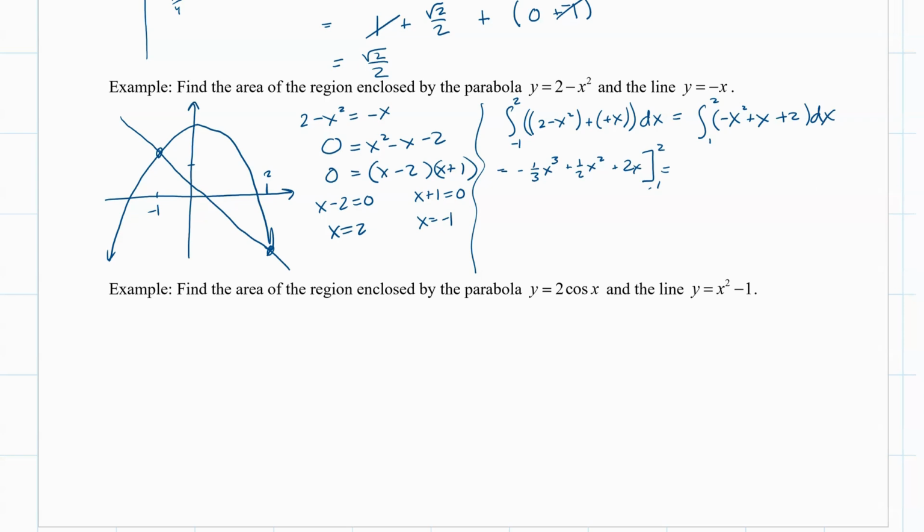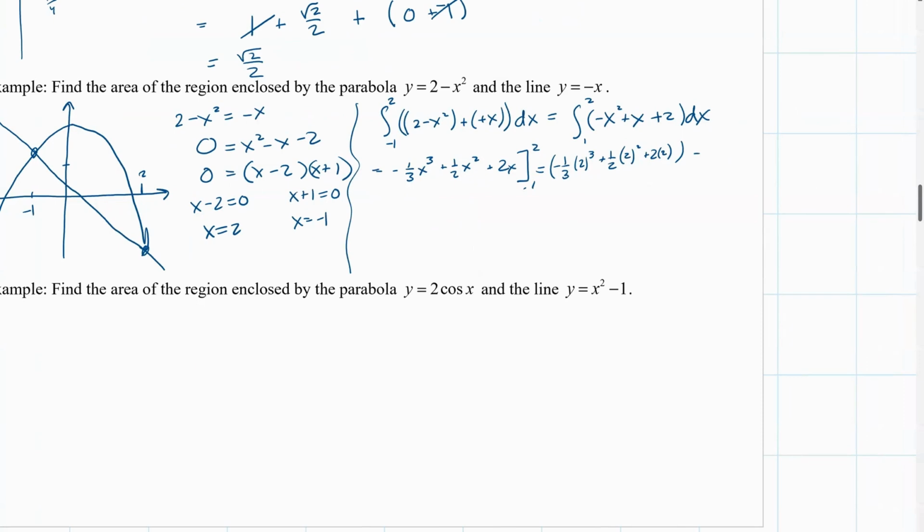So evaluating at the high end, I am going to get -1/3 2 cubed plus 1/2 2 squared plus 2 times 2 is my high end. And at my low end, plug in -1, I'm going to get -1/3 and positive 1/2 and positive 2.